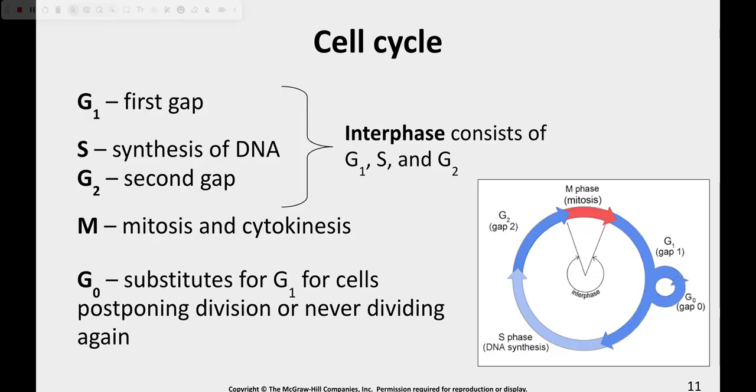It's its own little cycle. So if a cell is never going to divide, or doesn't need to currently divide, it's going to hang out in this G0 phase. It's just going to simply exist. It's going to perform its functions, but it's not going to be actively preparing to divide.